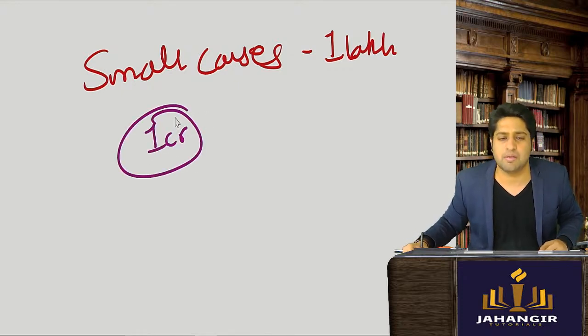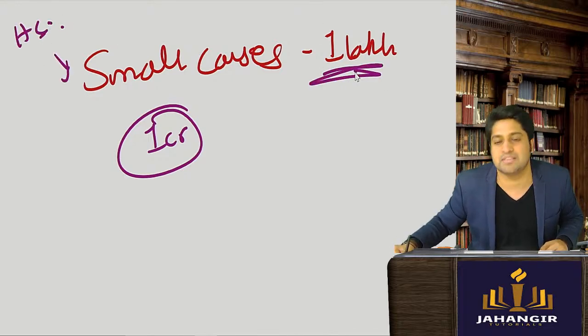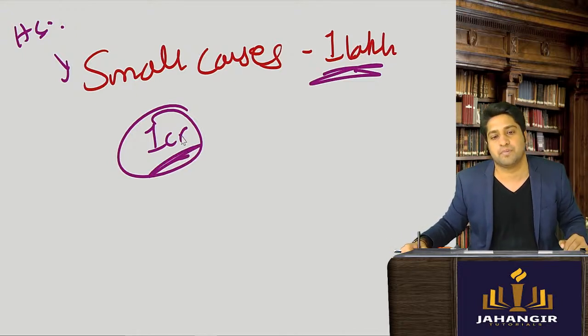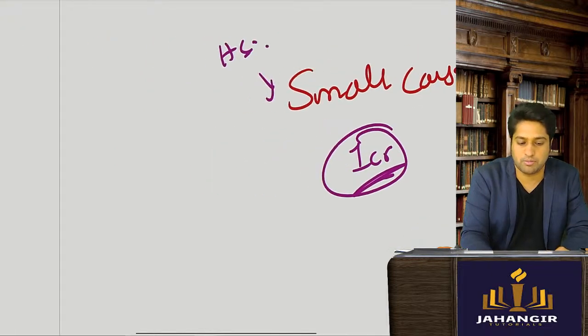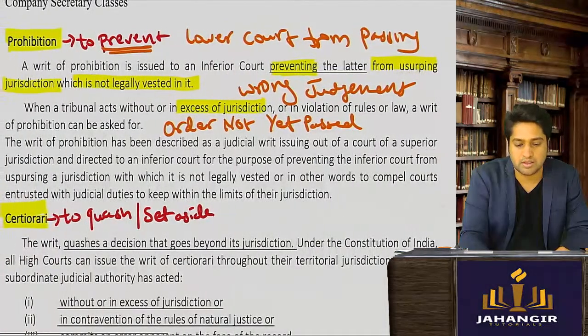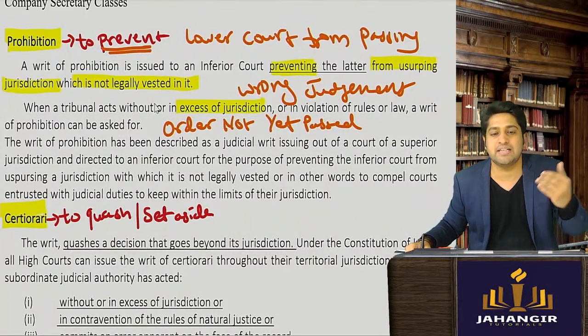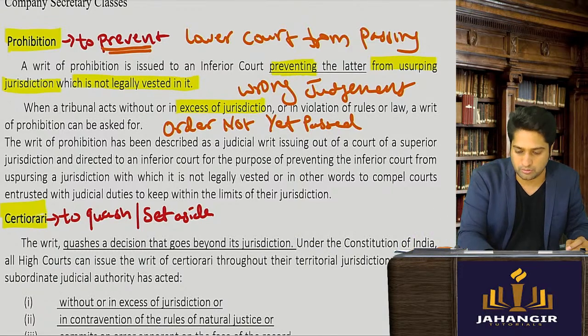So the High Court will pass an order to the small causes court that listen, your limit is only 1 lakh. Why are you taking a 1 CR matter? So don't pass the order. This is called prohibition. So when the lower court or the tribunal has exceeded its powers or is exceeding its powers, it will be ordered not to.